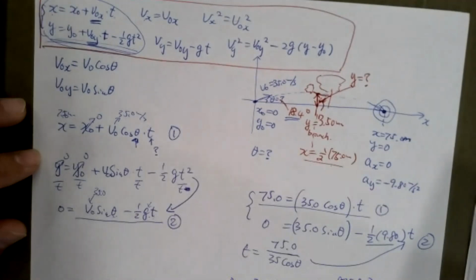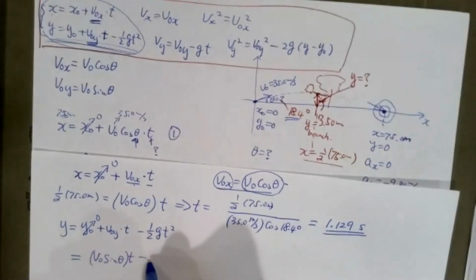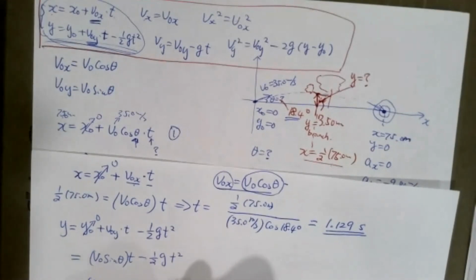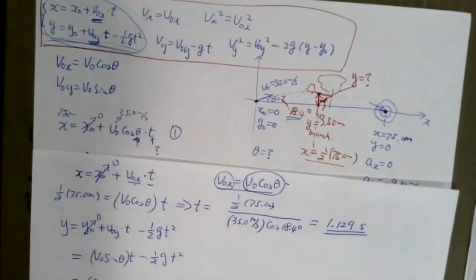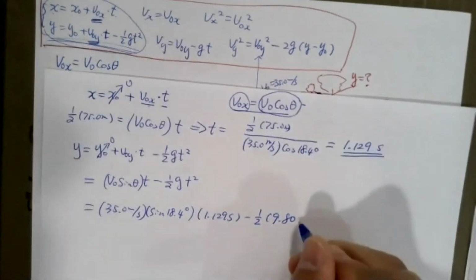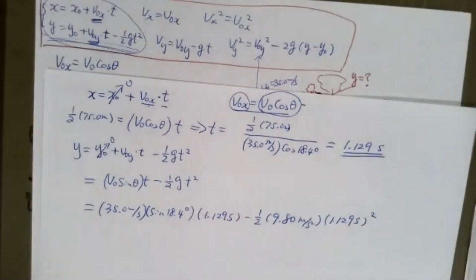I guess we didn't, but we can plug in the numbers: 35.0 meters per second times sine of 18.4 degrees, times the time of 1.129 seconds, minus 1/2 times 9.80 meters per second squared times 1.129 seconds squared.